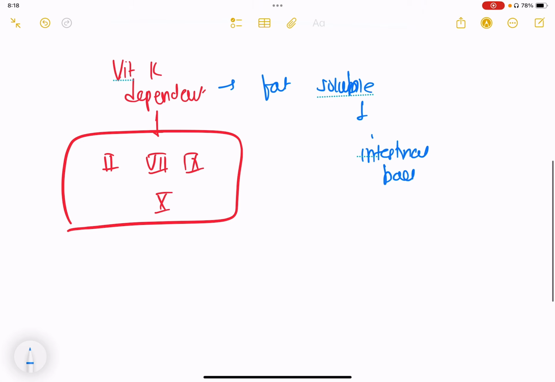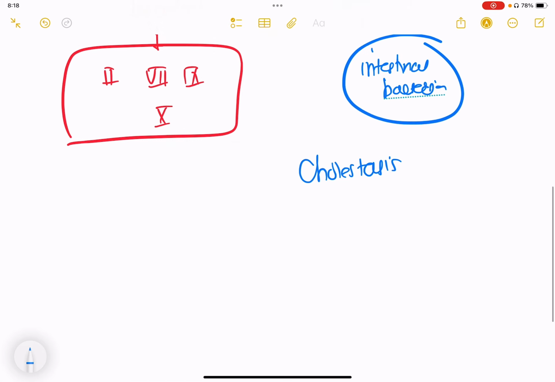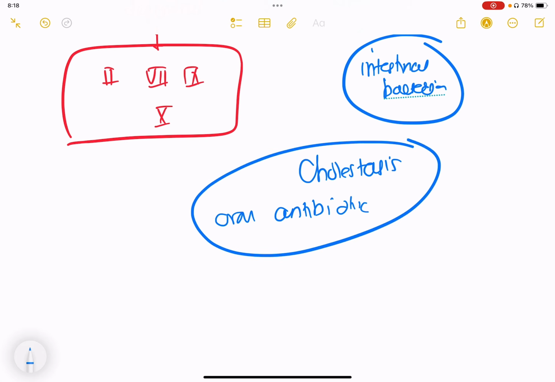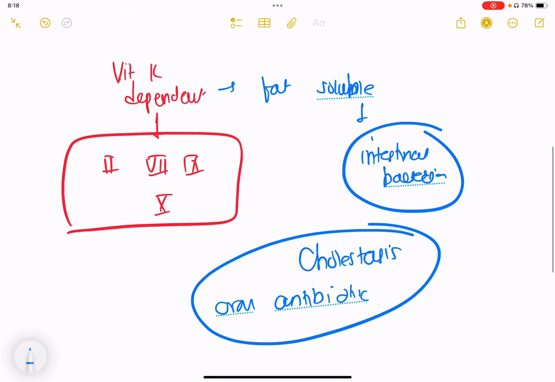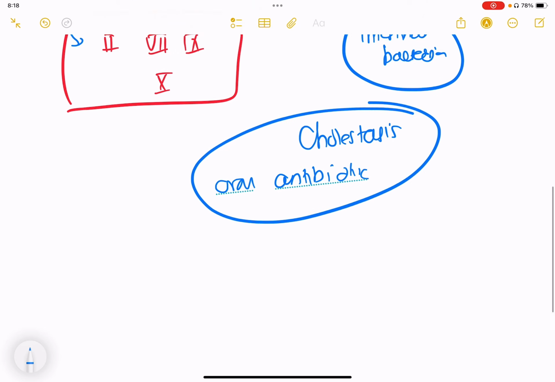So very commonly, there should not be a problem for production of vitamin K, but whenever there is intrahepatic or extrahepatic cholestasis or obstruction, or if there is treatment with antibiotics, very commonly, especially oral antibiotics, it destroys the intestinal bacteria and then it reduces the vitamin K. That is how it reduces the factor 2, 7, 9 and 10.